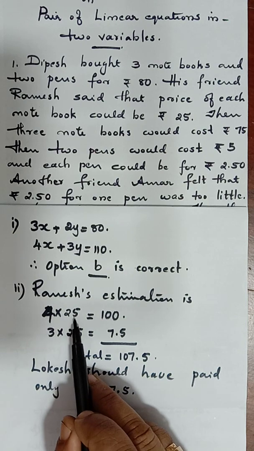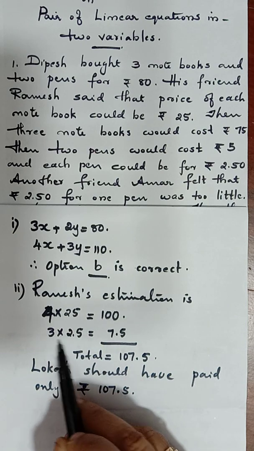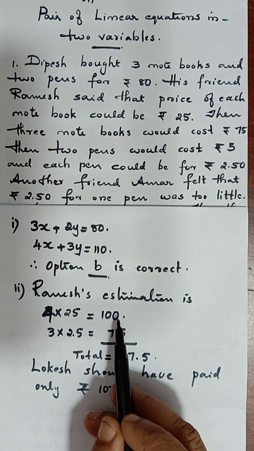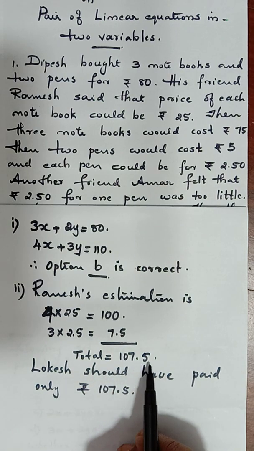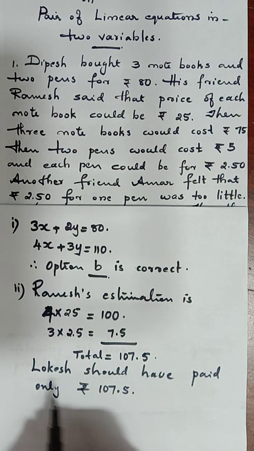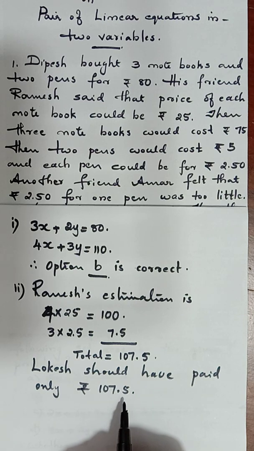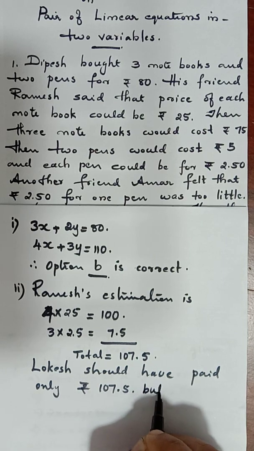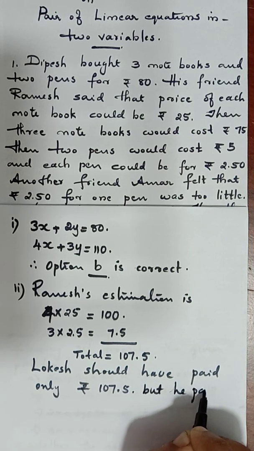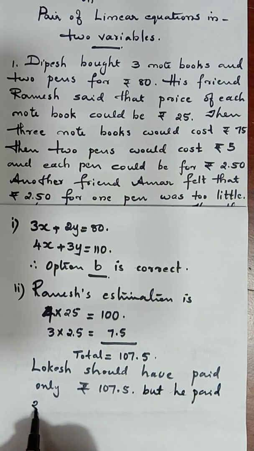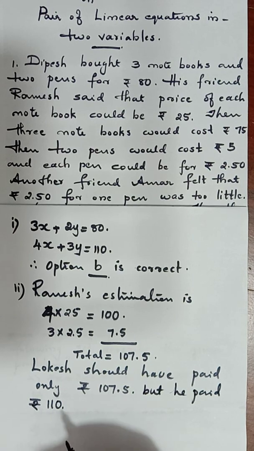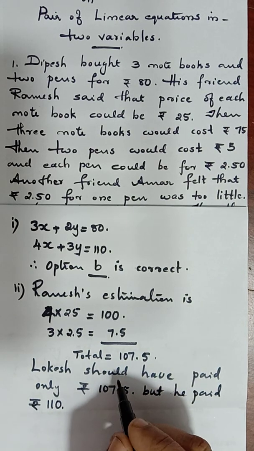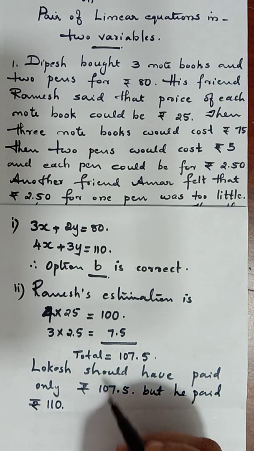Therefore 4 into 25 will be 100. 3 into 2.5 will be 7.5. Total 107.5 should have been paid by Lokesh. But how much has he paid? He has paid rupees 110. If you write only the option as the answer, you will not understand later. Therefore, you better write the steps.